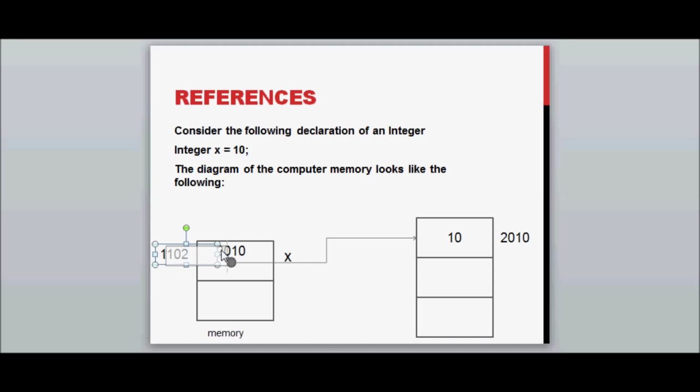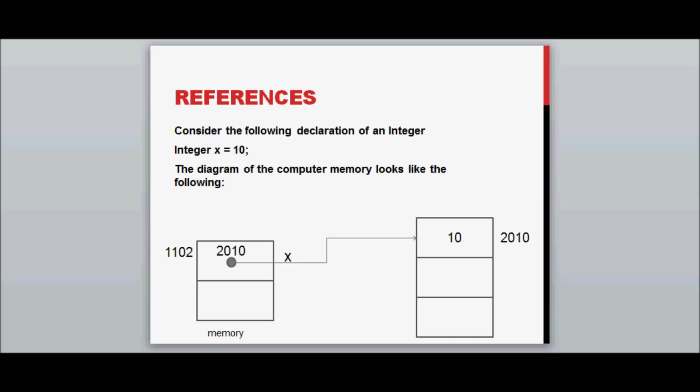Then in location 2010 is where we actually have the variable stored. Now, whatever size an integer is, that's how much space this would take up. For the sake of explanation, we generally just say that it takes up a memory location or a set of memory locations that is large enough to hold the value or values in that particular object.